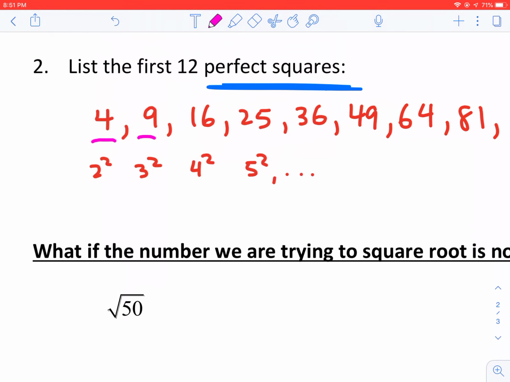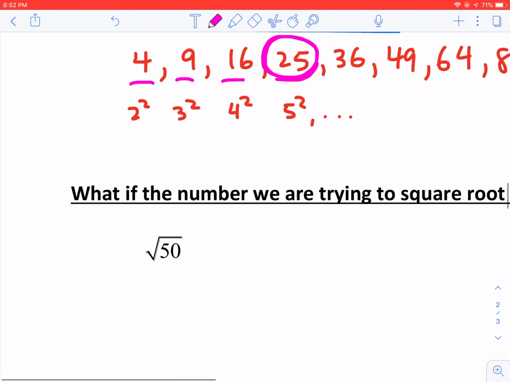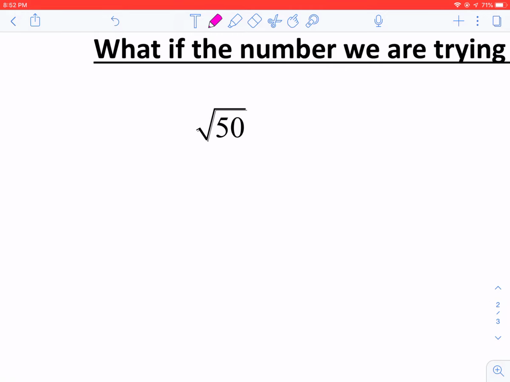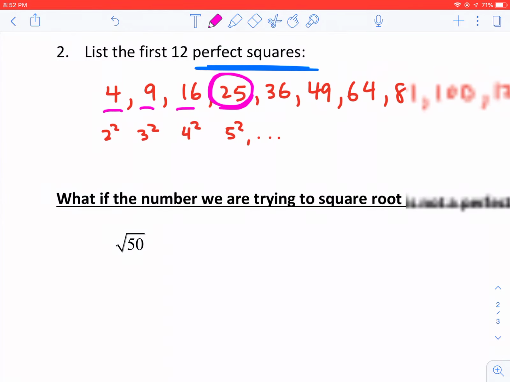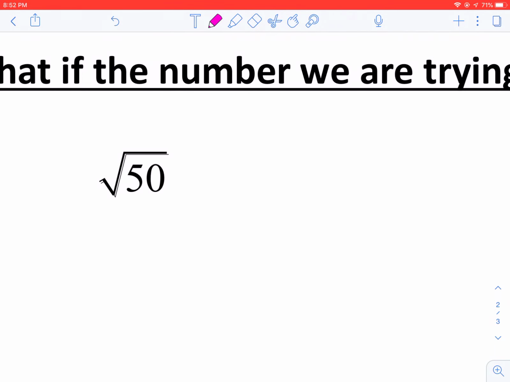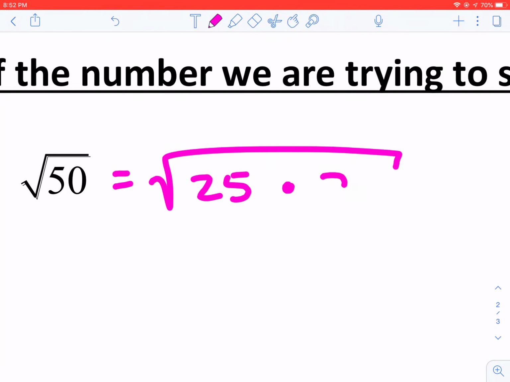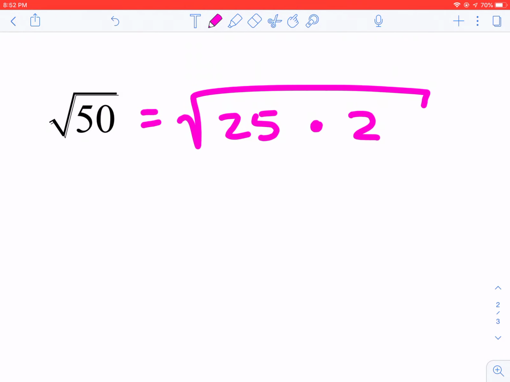All right? So what we break this down into is we can change 50 into 25 times 2. So the square root of 50 is equal to the square root of 25 times 2. All right? A rule that we can do for square roots is we can break it up into 2 square roots, like so.